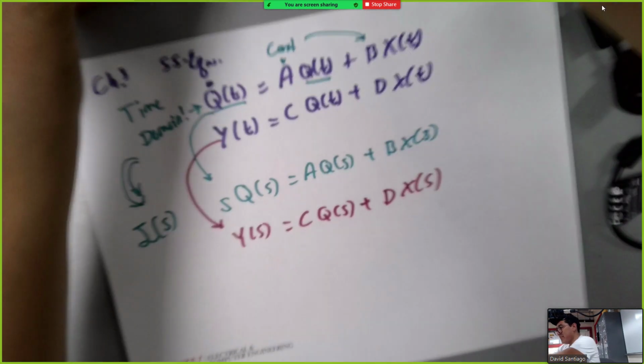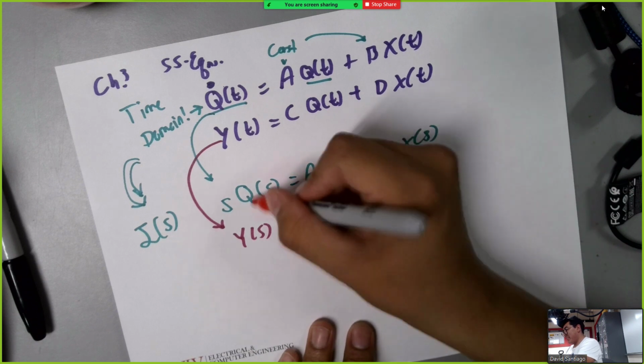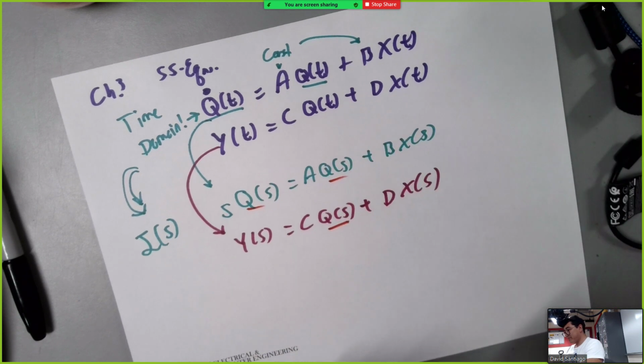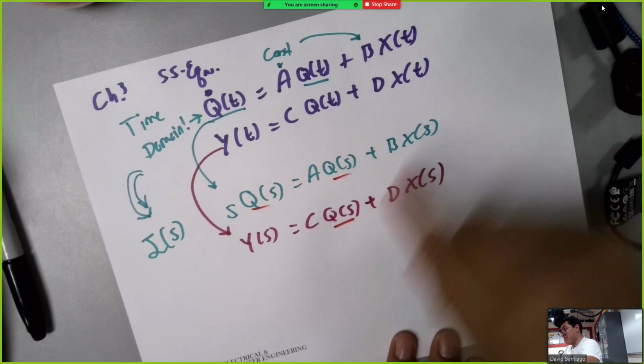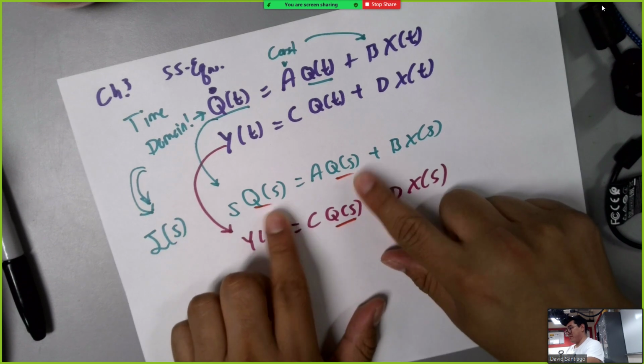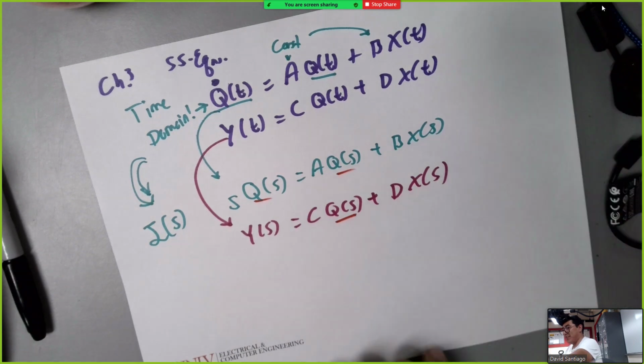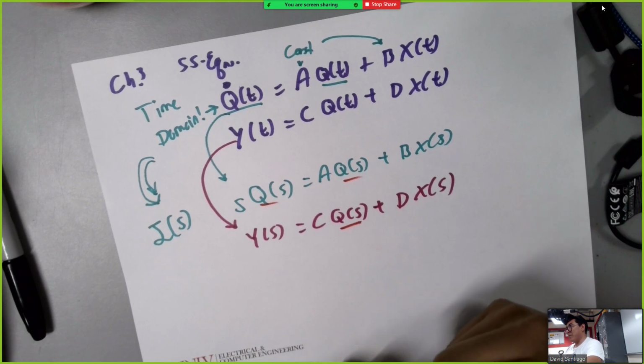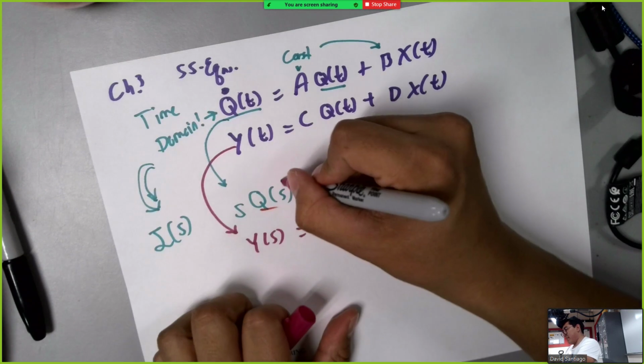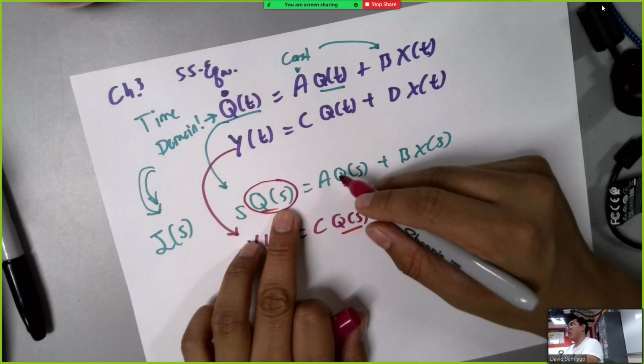Now, see this q right here? You see this q right there? We have q's, and we kind of don't like how this is right here and this is right here. If you don't remember your matrix multiplication, we want to put all like terms on one side.